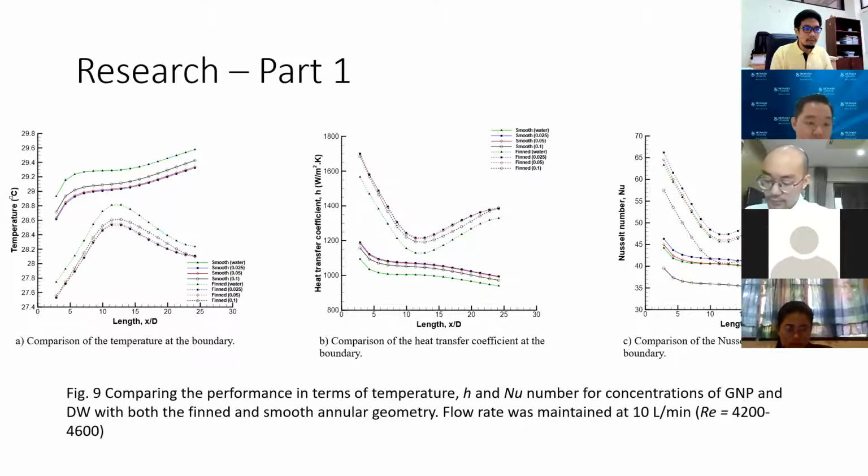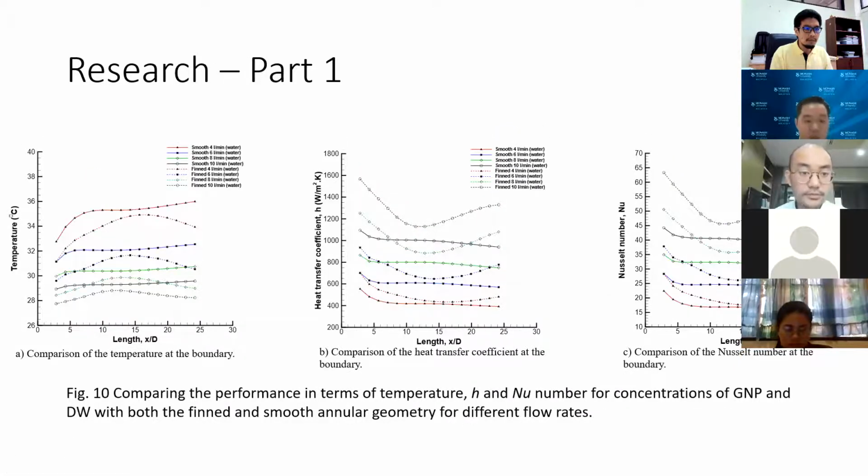All right, so the same goes for the heat transfer coefficient and the Nusselt number. So again, this is the result for the fin and smooth annular geometry with different flow rates. You see 4 to 10 liters per minute. And we know that heat transfer increases when we increase the flow rate.